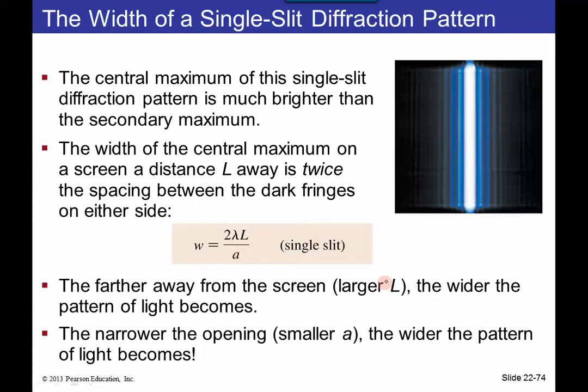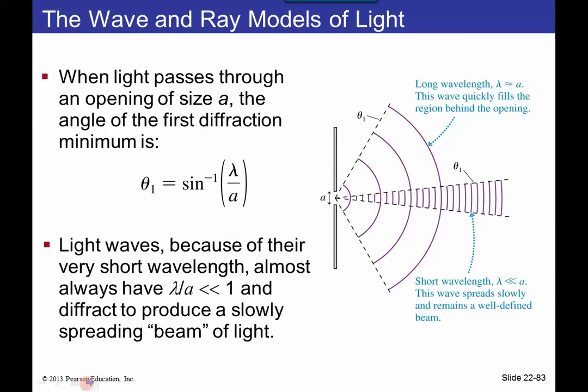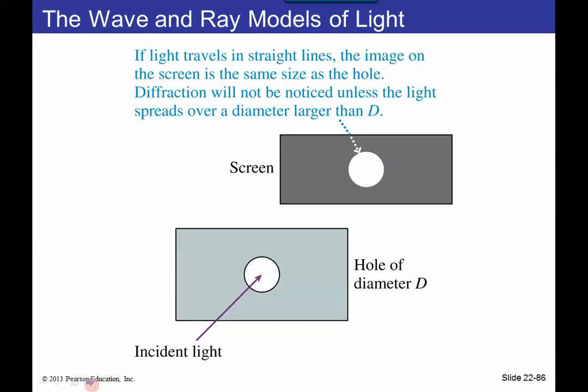The farther away the screen, the wider the pattern becomes, and the narrower the opening, the wider the pattern of light becomes. So we can use this to have a condition on when to use wave or ray models.